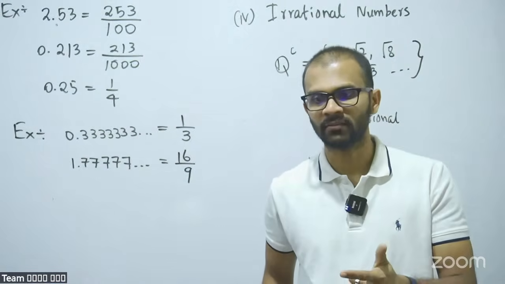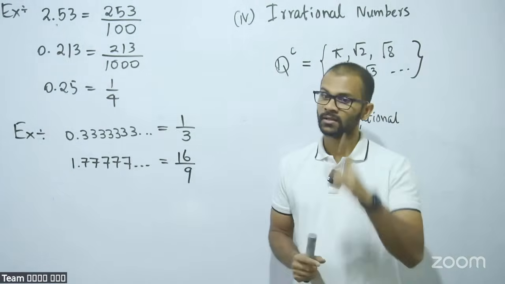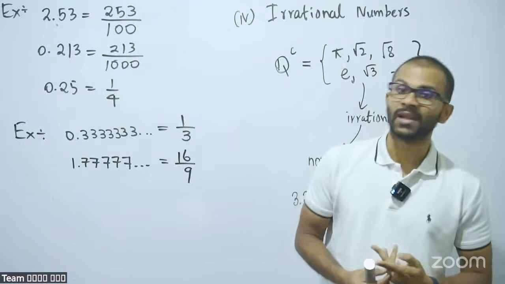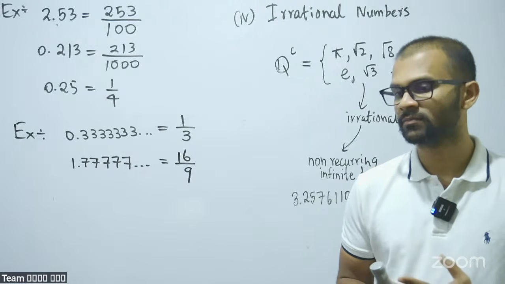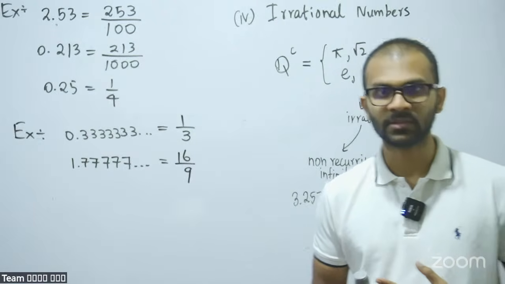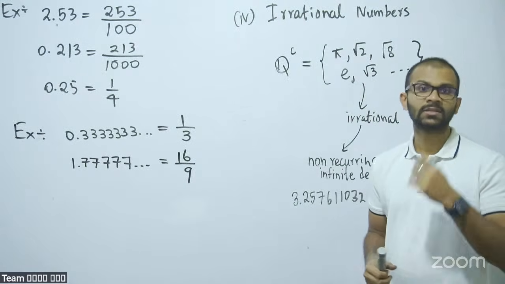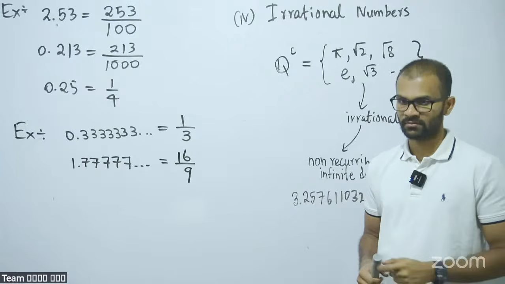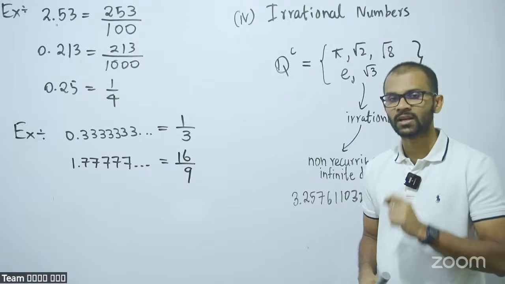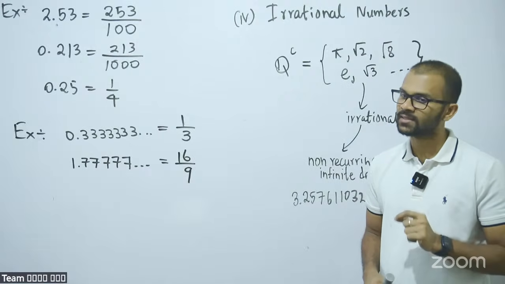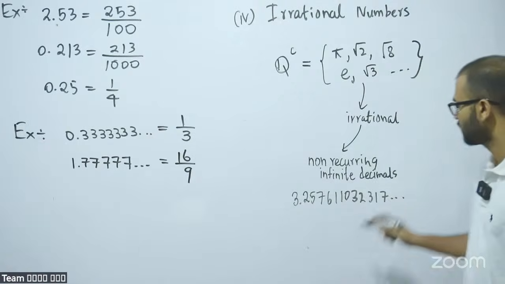Like the previous examples, it's not recurring. Remember, it's non-recurring and it has an infinite tail of decimal places. It never ends and keeps generating numbers which have no pattern. If there is a pattern, that is a rational number. If there is no pattern, it is an irrational number. Right? No pattern.